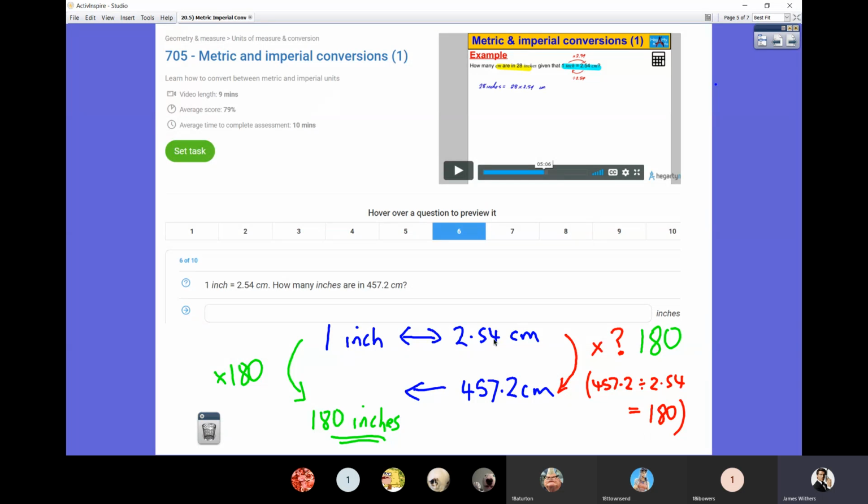So that's telling us that 2.54 times 180 is 457.2. So this number of centimeters is 180 times bigger. So the left-hand side must also be 180 times bigger. So that's 180 inches. That's an example for question 6.